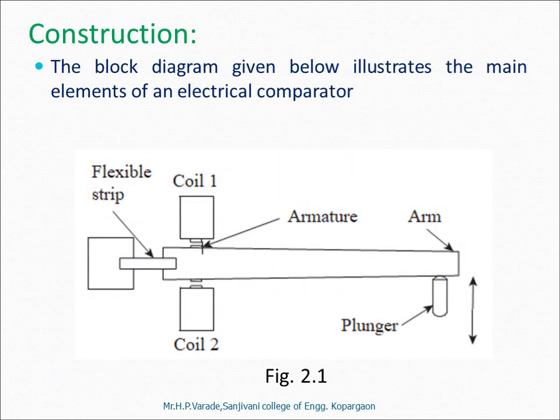So what is the general construction? The block diagram given below illustrates the main elements of an electrical comparator. This figure 2.1 shows the basic constructional features. It consists of coil 1 and coil 2, the armature, the arm, the flexible strip, and a plunger.